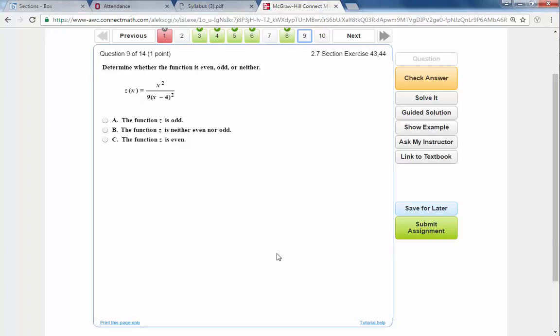How many of you say this function is odd? Raise hand. Nobody? Disappointed. Alright, how many of you say this function is even? Part C. Even. You're scared now, right? Nobody? How many of you say it's B? Neither.